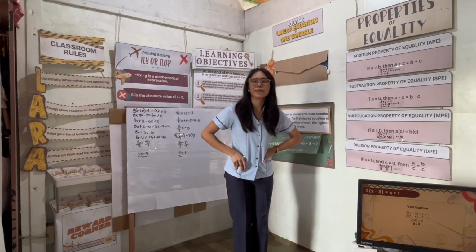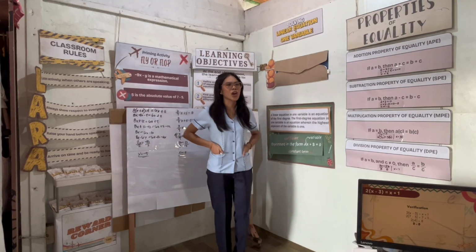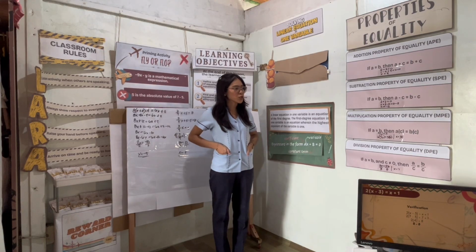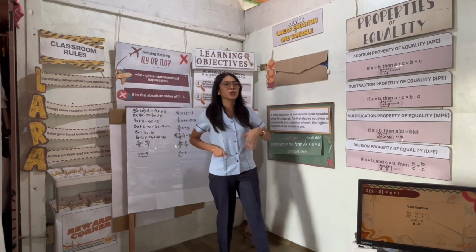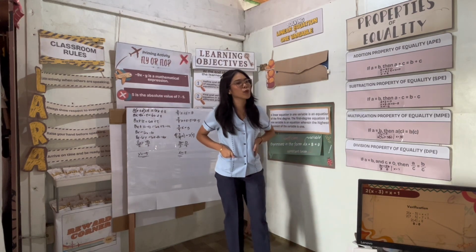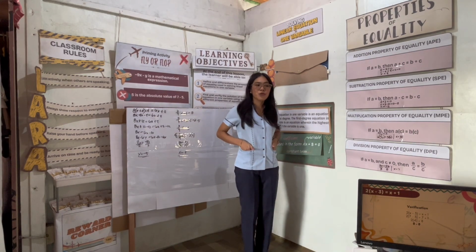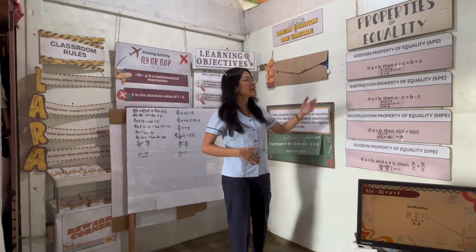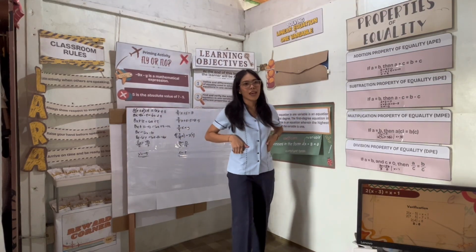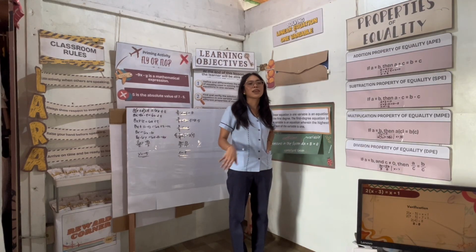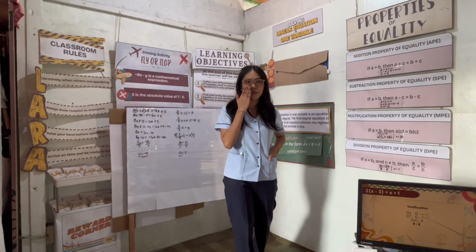Now, after all these examples, what can you infer about the purpose of each property of equality? Are they just rules we follow, or do they serve a specific function? Yes. Very good. Each property serves a specific logical function that keeps an equation balanced and true throughout the solving process, right? And when we are applying APE and SPE and moving terms into the opposite sides, what do you think the step is actually doing to the equation?